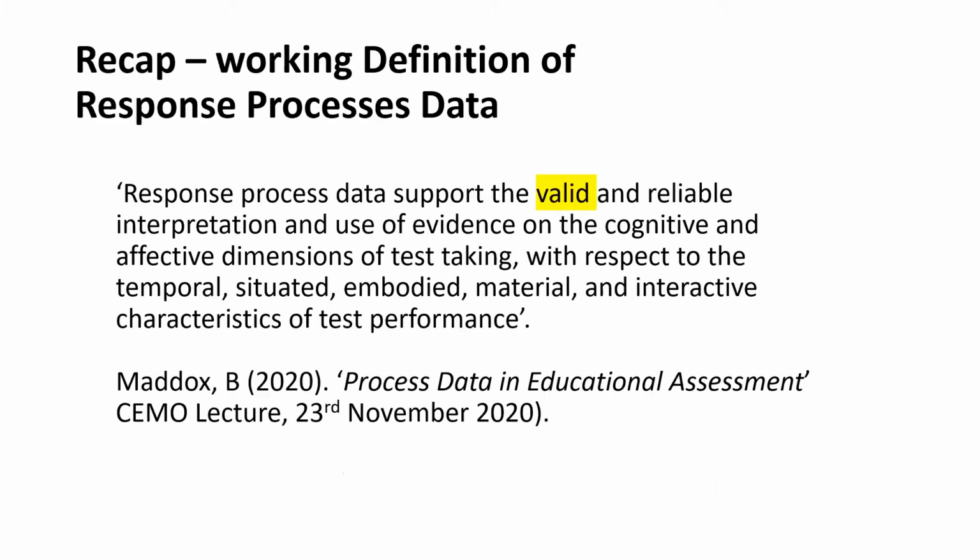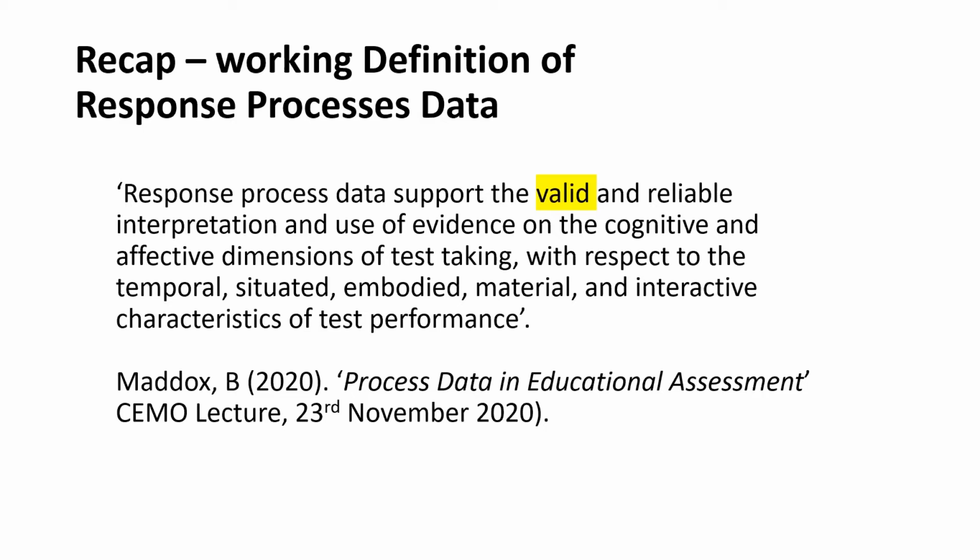So just to recap then on my rather admittedly slightly clumsy working definition of process data. Response process data support the valid and reliable interpretation and use of evidence on the cognitive and affective dimensions of test taking. And of course, then I added the rather clumsy sentence with respect to the temporal, situated, embodied, material and interactive characteristics of test performance.